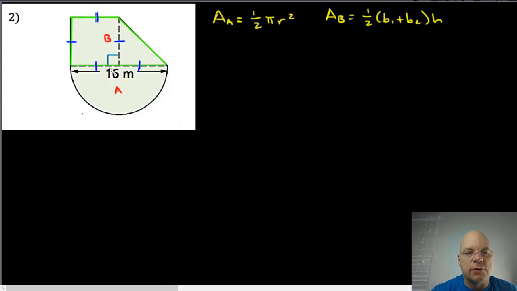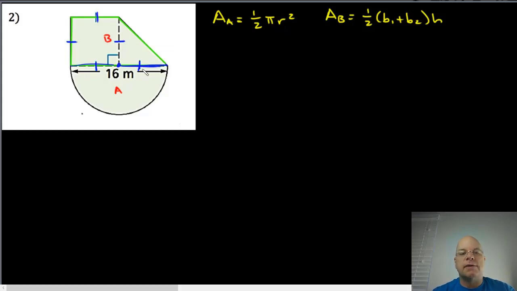So that's how I knew this was a square, just by glancing at it. All 4 of these line segments are congruent, and I also know that this line segment is congruent to this line segment, and each of these is just half of this distance, right? This 16-meter distance is going across the circle and through the center, so it's the diameter, so you're going to have to take half of that to get your radius.